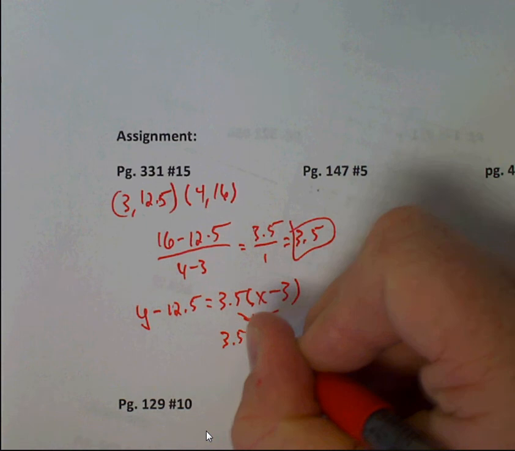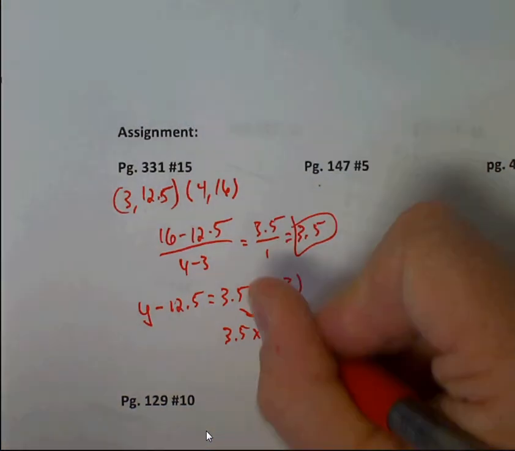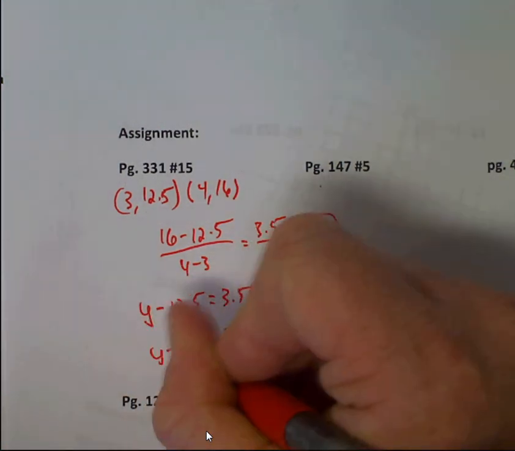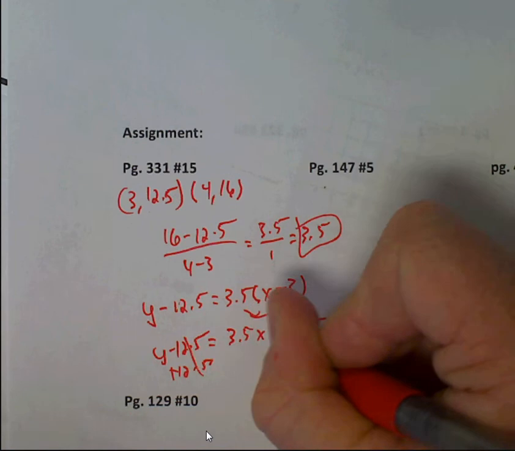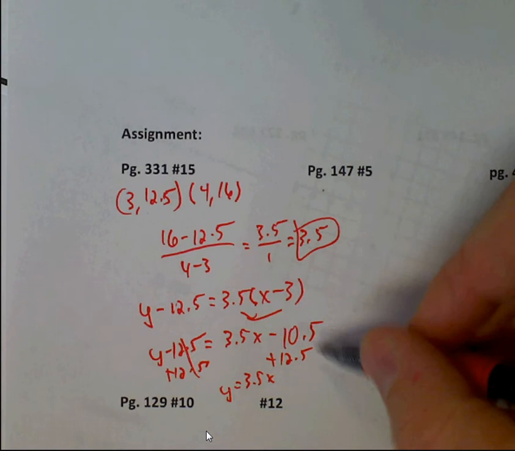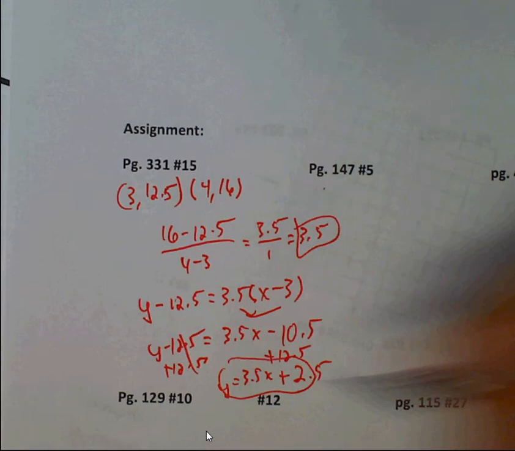Distribute, so that's 3.5x minus, I think this is 11.5, let me check. 3.5 times 3 gives me 10.5. Y minus 12.5, add 12.5, add 12.5, y equals 3.5x. 12.5 minus 10.5 is 2.5. There's our answer.